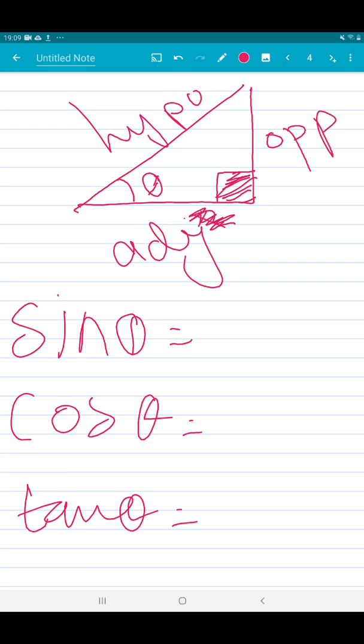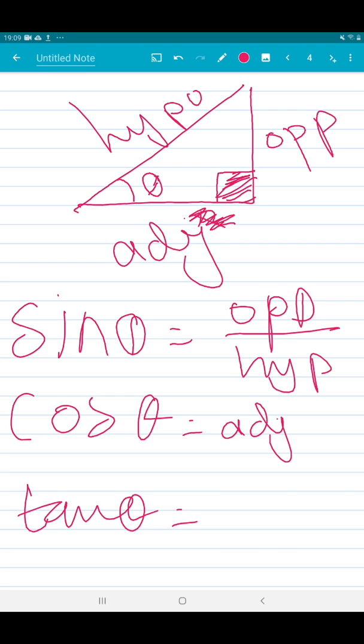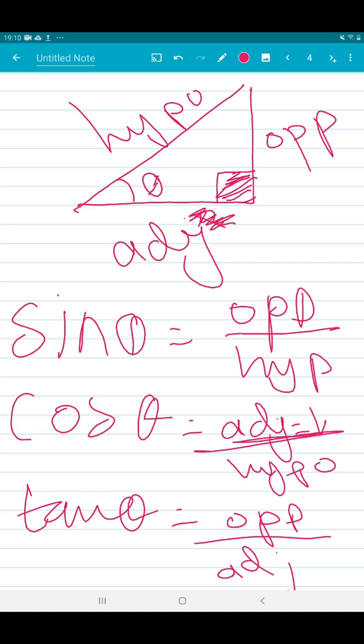Sine theta equals the opposite over hypo. Cosine theta equals adjacent over hypo. Tan theta equals opposite over adjacent.